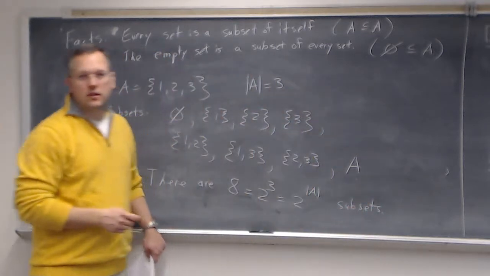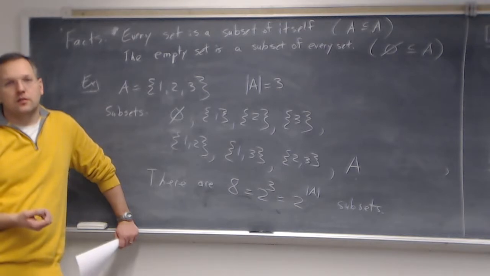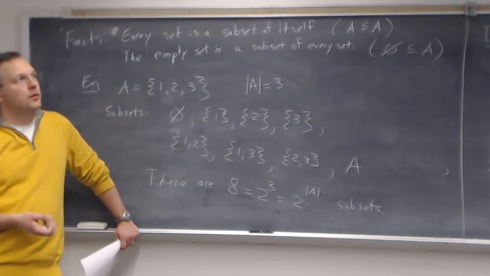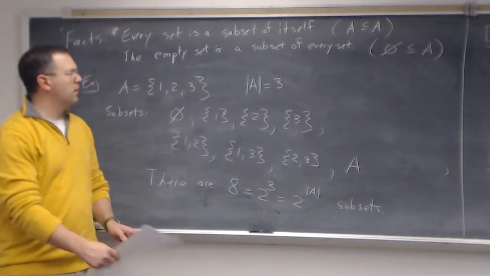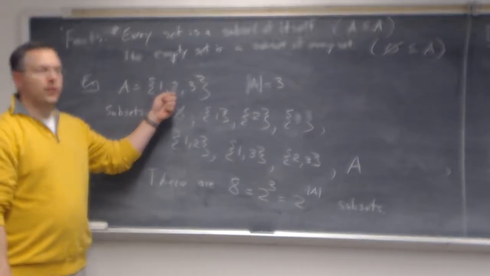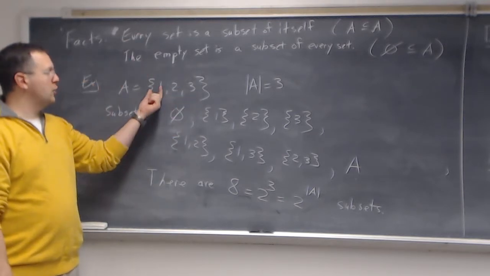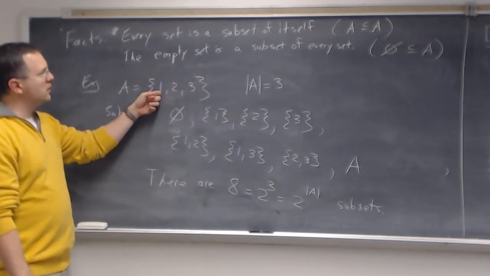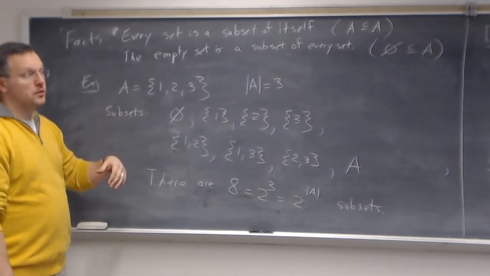And it's just a coincidence, huh? Maybe we should do about 30 more examples before we're convinced that this might be more than a coincidence. Well, here's an argument why this should be true. I start off with a set with 3 elements, right? To make a subset, I've got to choose some of these elements. For each element, I've got to choose: should I include it in my subset or not?